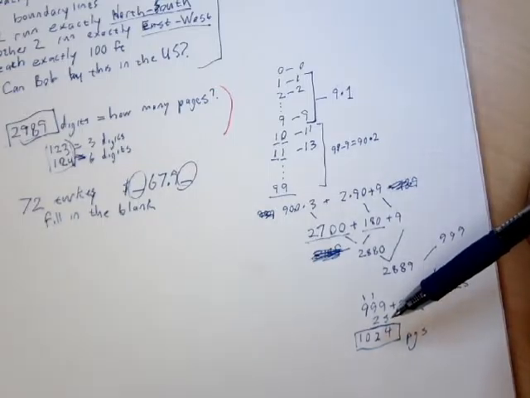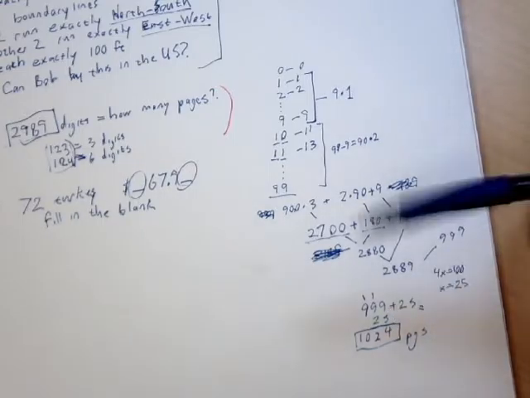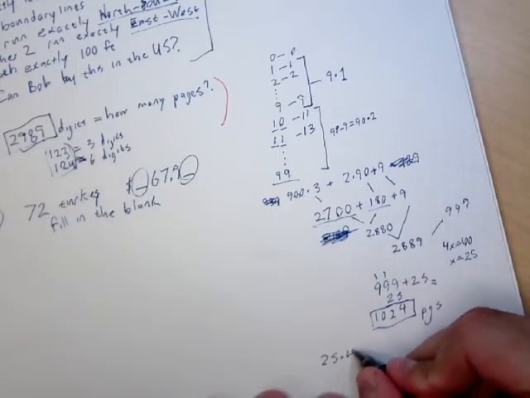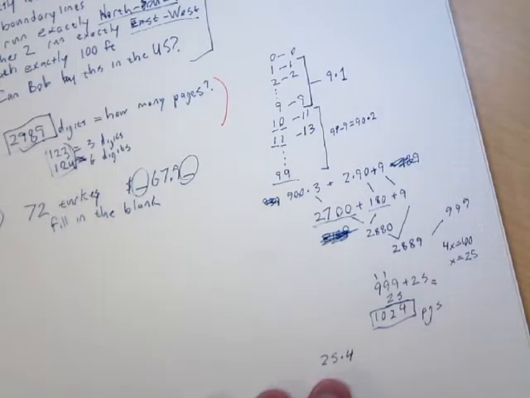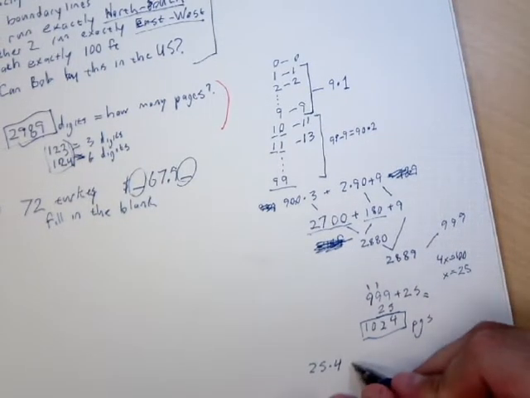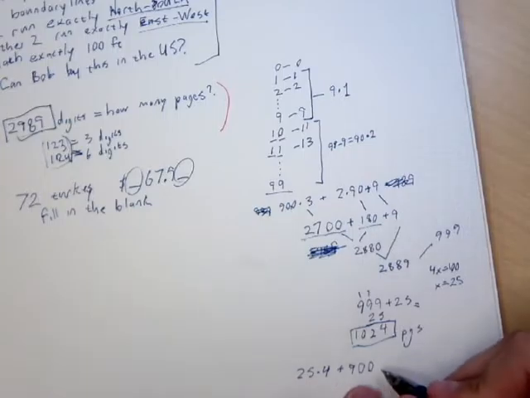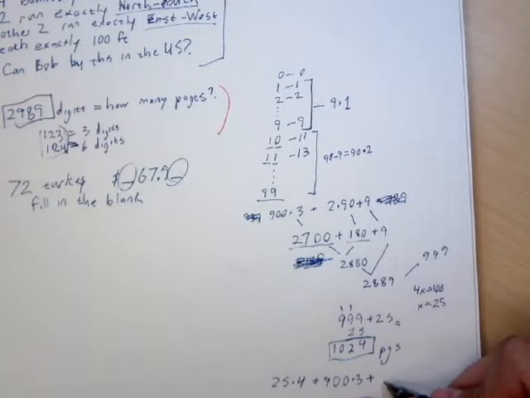So 1024 is 25 4-digit numbers in the thousands, plus 900 3-digit numbers, plus 90 2-digit numbers, plus 9.